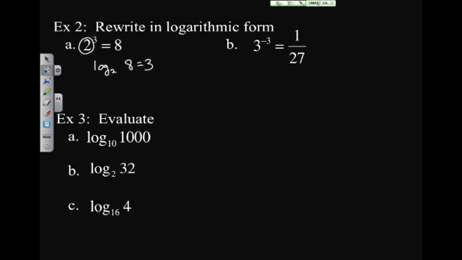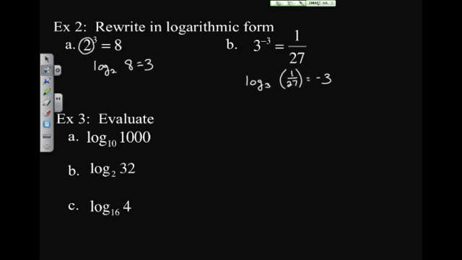So log base 2 of 8 equals 3. Same process here, identify the base, which is 3, so it'll be log base 3 of 1 over 27 equals negative 3. So rewriting them doesn't require any math, it's just you have to know how to put them from one form to the other.